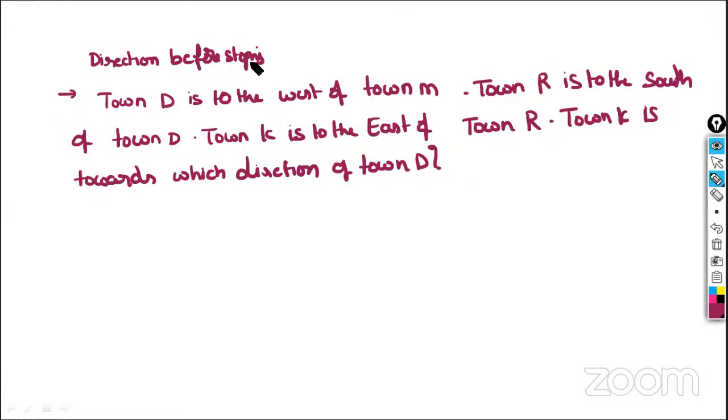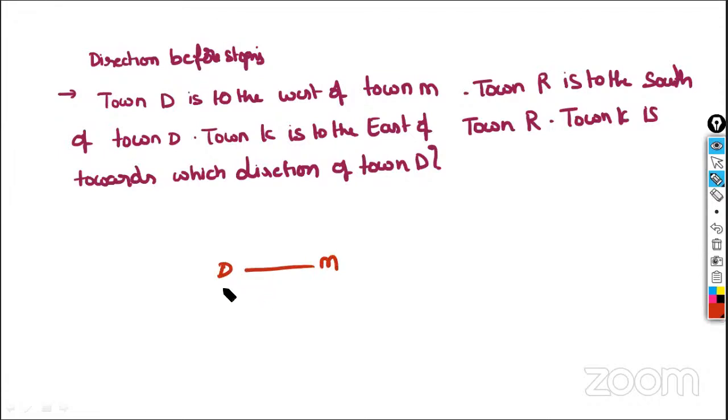Okay, done. Town D is to the west of town M. So town M here, town D here.